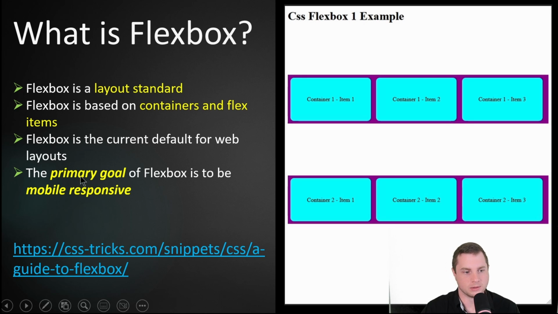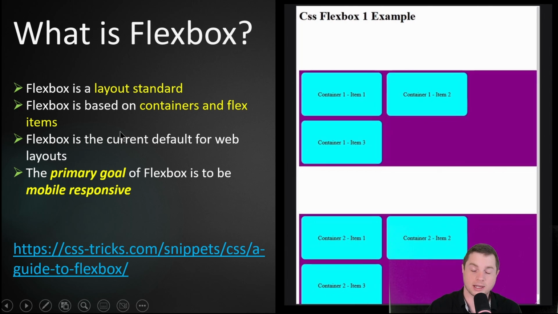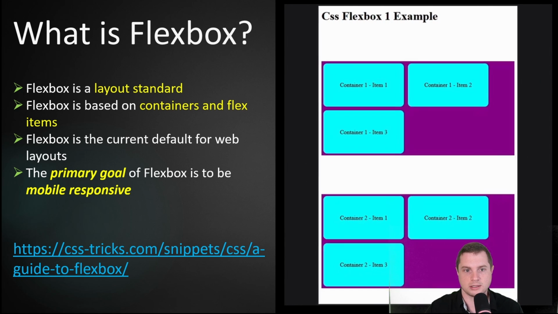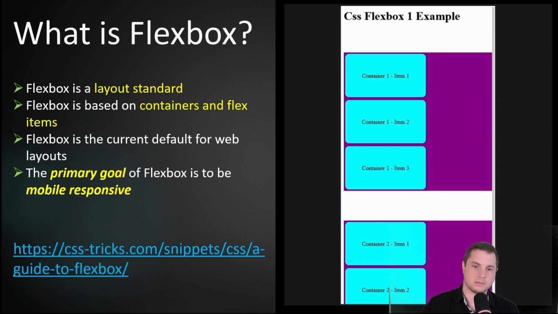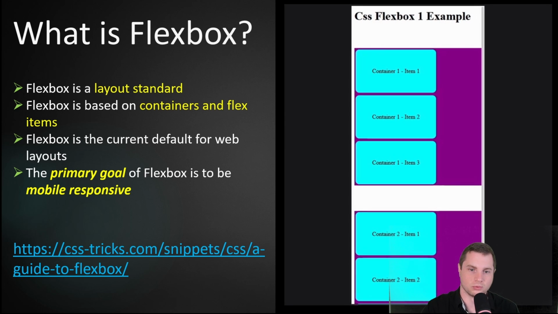As I was talking here, this little video was playing, so I'm going to play this video again. The purple is the container, and the blue is the actual flex items. As the screen gets smaller in terms of width and you run out of space, the content will go down to the next row.